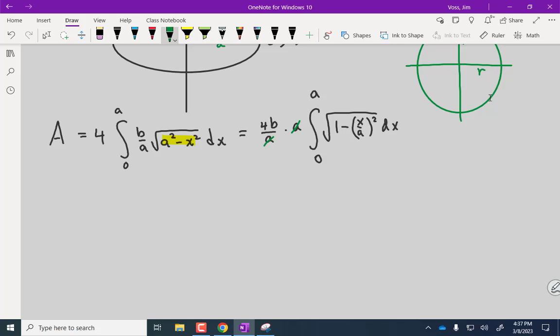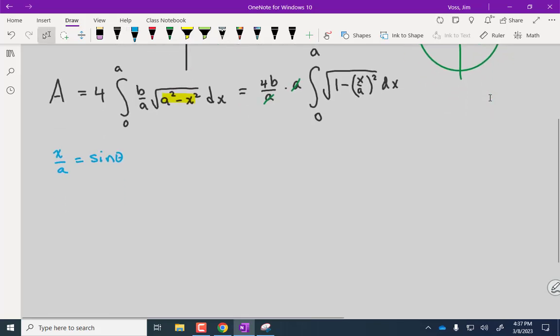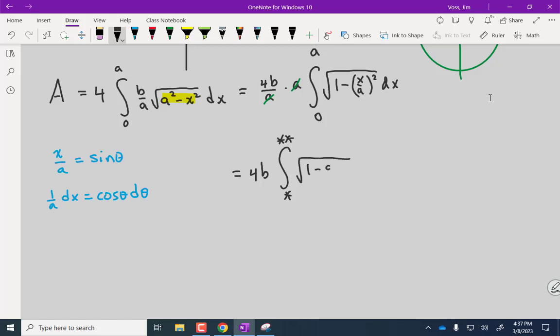And what are you going to let x over A equal? Sine of theta. So x over A will be sine theta, and 1 over A dx will equal cosine theta d theta. So we're going to convert over with a trig sub. We'll have 4b integral, let's just put placeholders, so this will be the square root of 1 minus sine squared of theta.